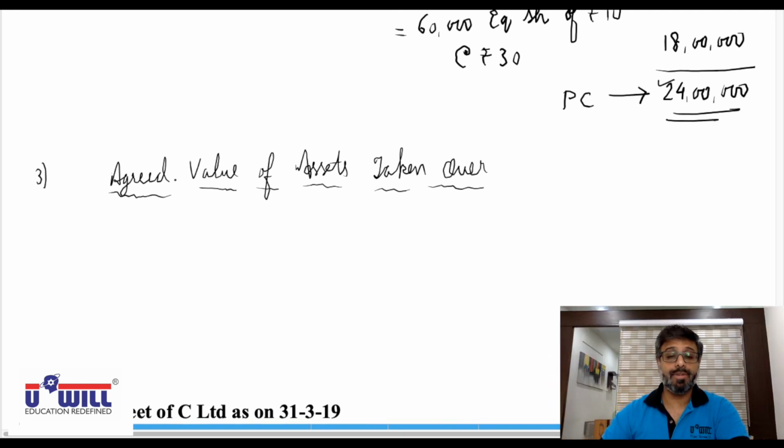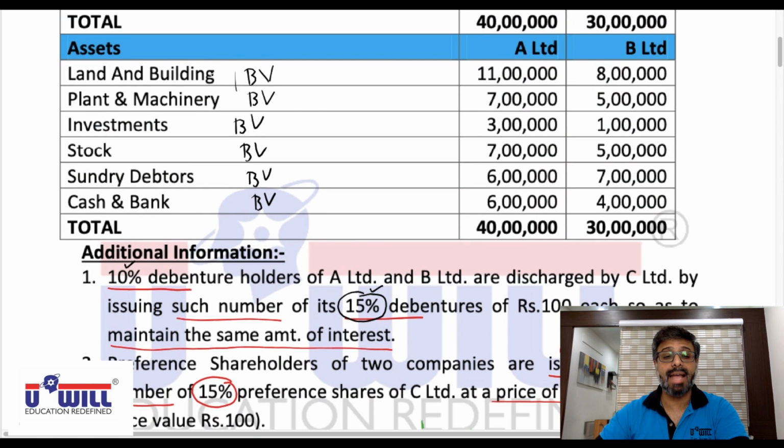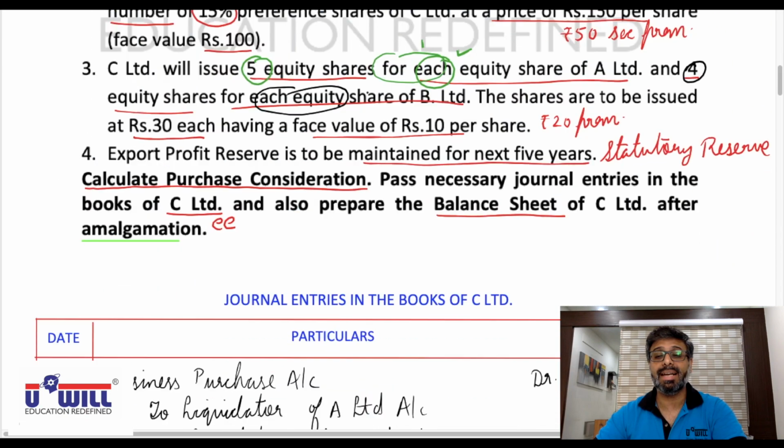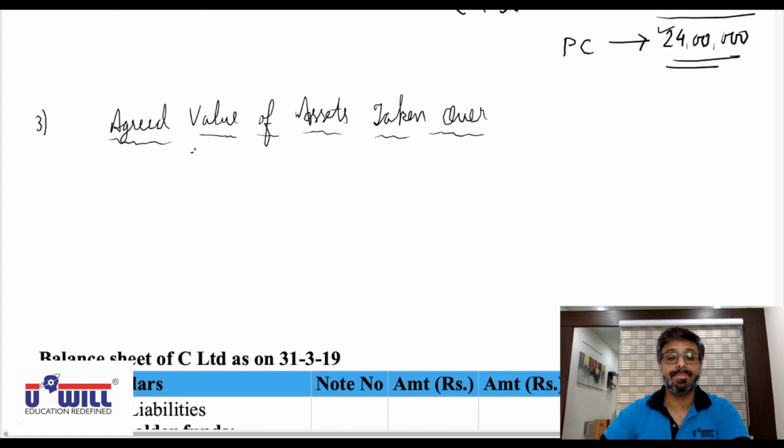We'll take all the assets from the balance sheet. Land and building are taken at book value only. So 11 lakhs plus 8 lakhs, 19 lakhs. Land and building, 19 lakhs.